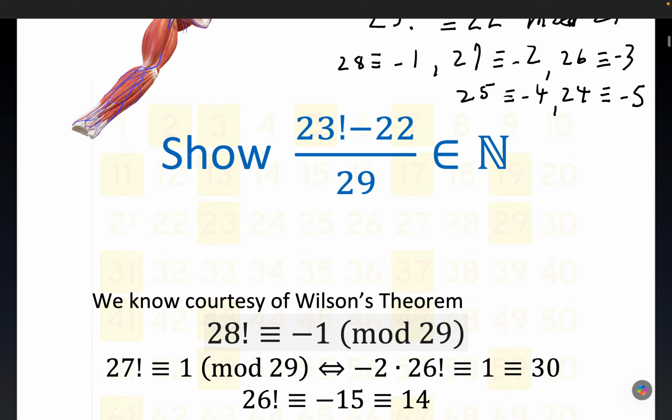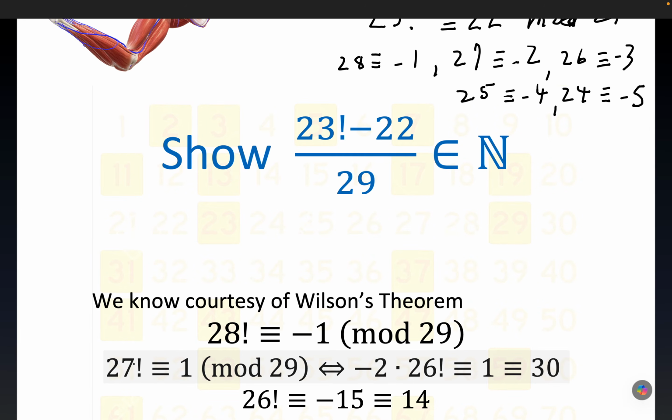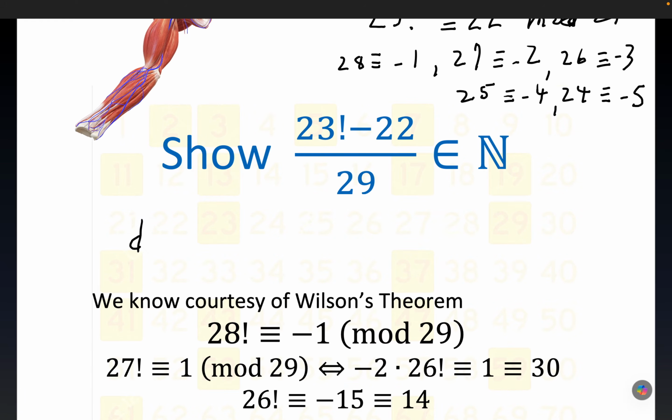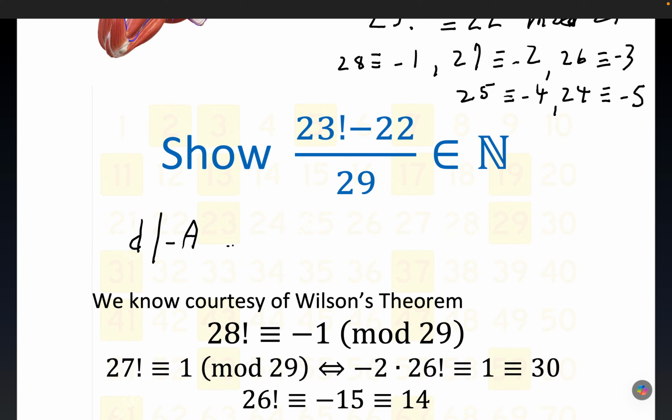Starting here, we replace 28 with -1. See right here, folks, 28 is congruent to -1 mod 29, so that's what happened right here. 28 got replaced with -1, and all that was left was 27 factorial, and the minus signs cancel. Now, the minus signs cancel in modular arithmetic precisely because if D divides -a, where D is any divisor, that implies D divides a.